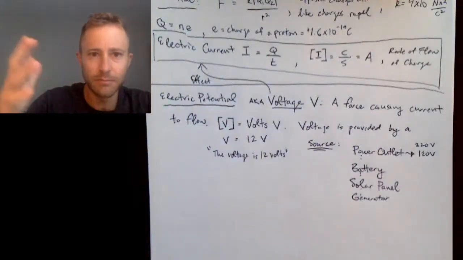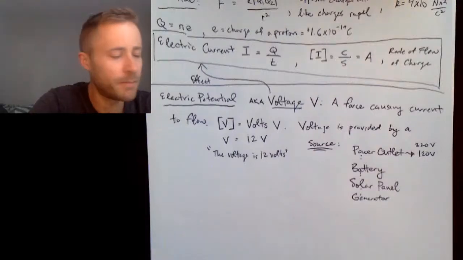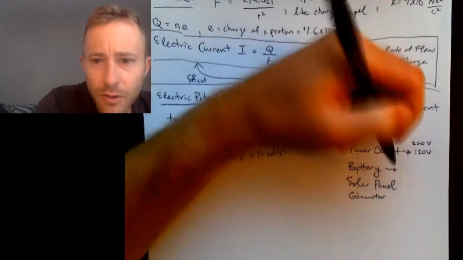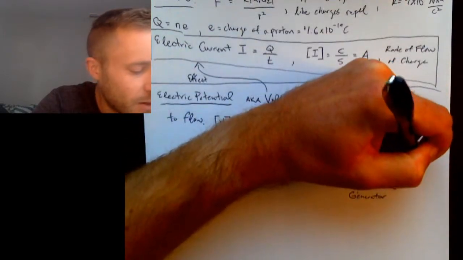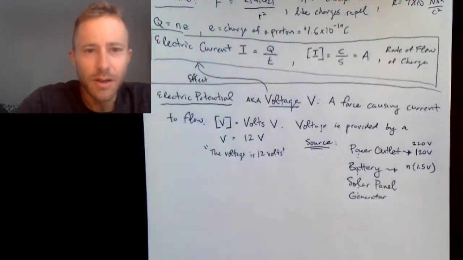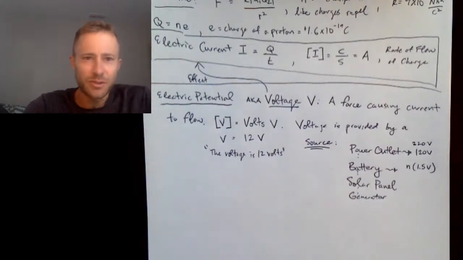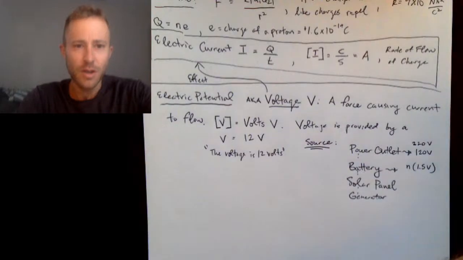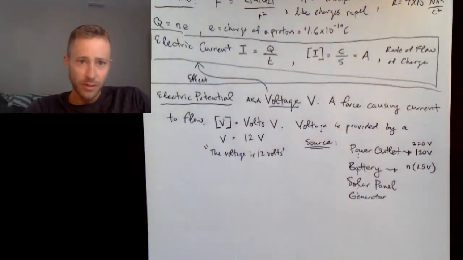because big machines draw a lot of current. Batteries are typically going to be some multiple of 1.5 volts. And that's kind of standard. I'm not sure why that's the standard. It would be interesting to look up why 1.5 volts is kind of the standard.